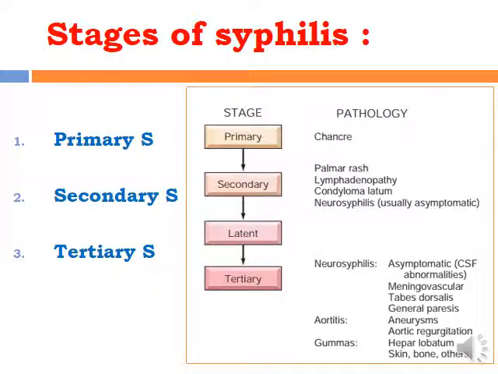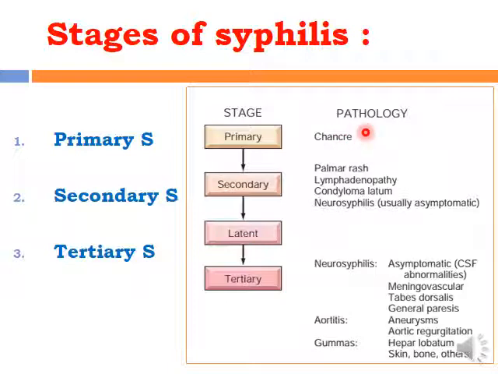syphilis has three main clinical stages. The first is primary syphilis, the second is secondary syphilis, and lastly tertiary syphilis. In primary syphilis, the patient has the infection for the first time, with no immunity and no disease before, and usually gets a lesion at the site of entry of the microorganisms.